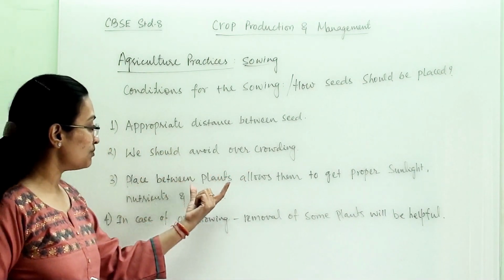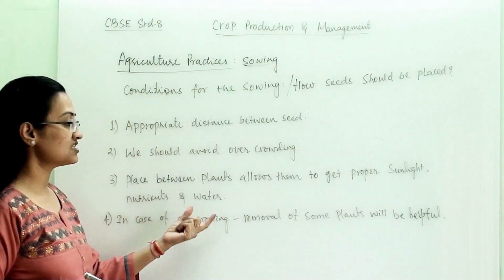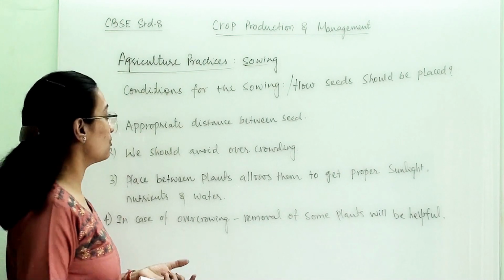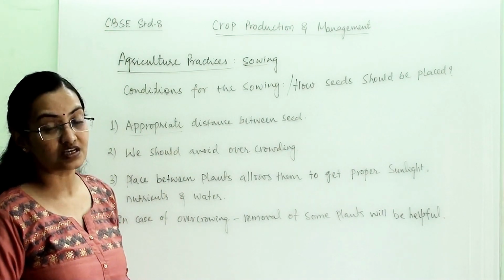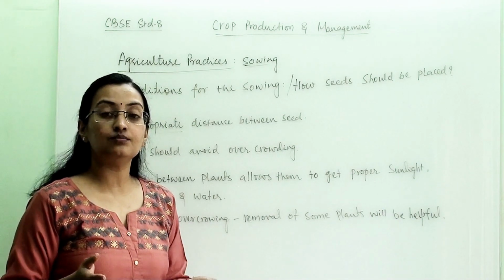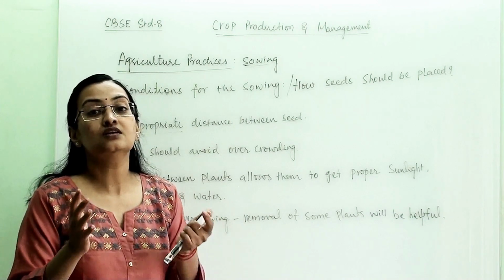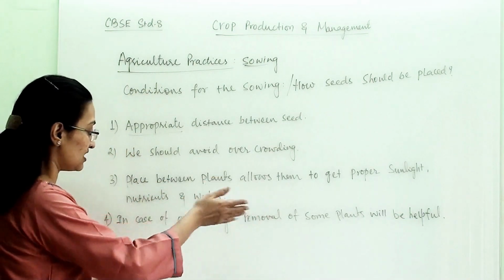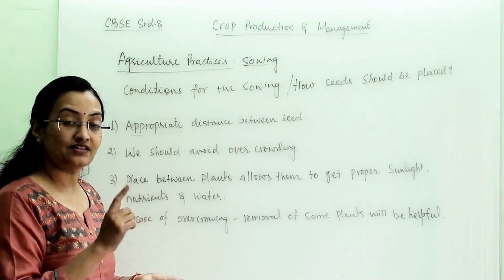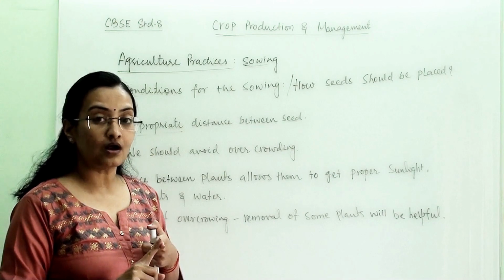Then space between plants will allow them to get proper sunlight, nutrients and water, and that is why we require sufficient and appropriate distance between 2 seeds, because when they germinate they will become big plants. They require some space in between 2 plants so that they all will get equal amount of sunlight, nutrient and water, and then only the healthy growth of plant will be possible. So overcrowding should not be there.